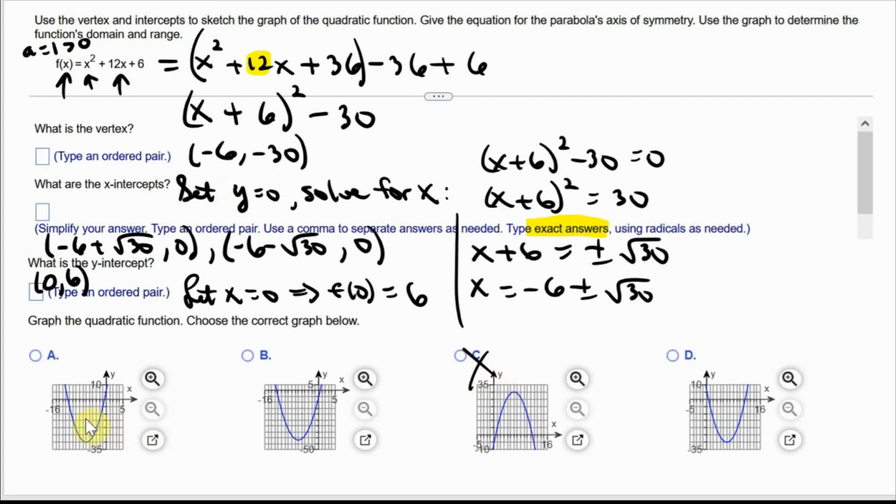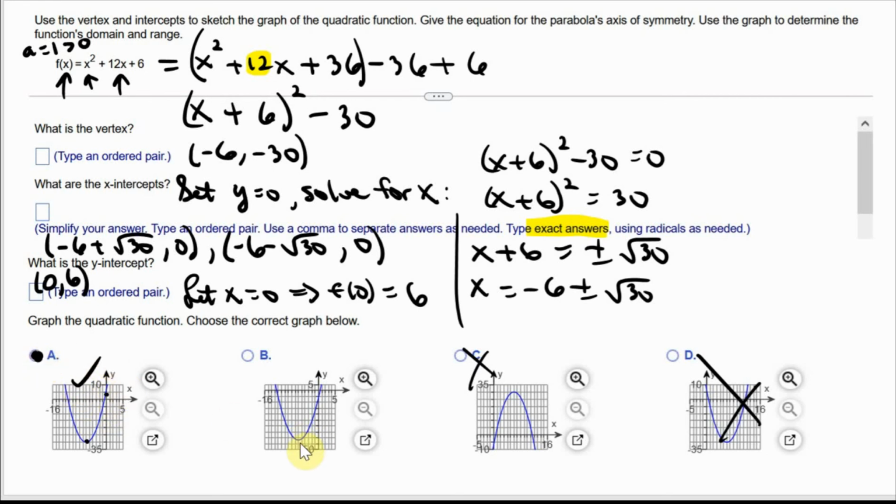That's going to be in the third quadrant. So if that's the case, then we can rule out D, because that's over in the first and fourth quadrant. So it looks like here that negative 6, negative 30 looks to be there. And then we have that y-intercept of 0, 6. That's about there. That looks good.